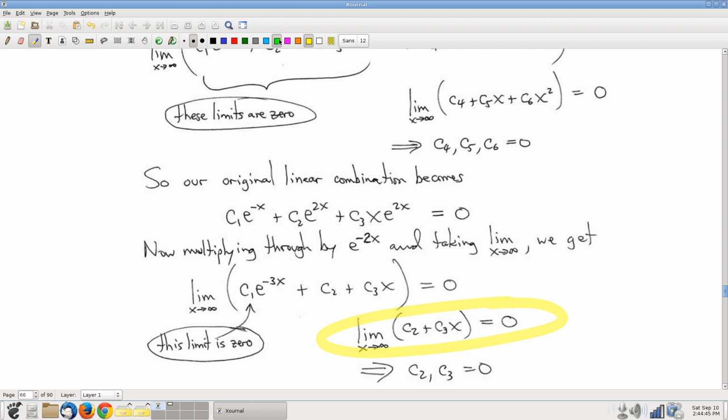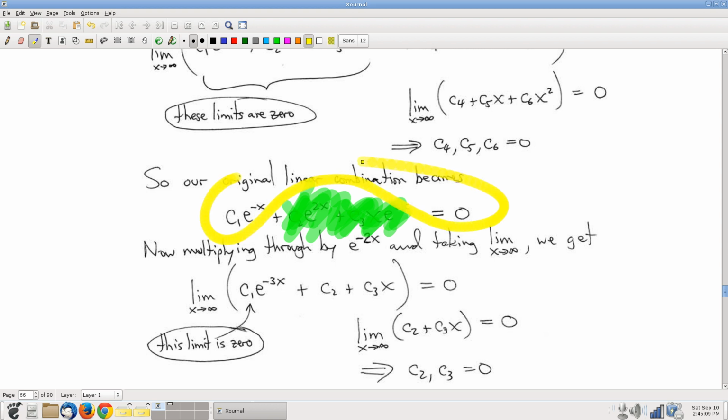And this is another polynomial. Here we have another polynomial that as x approaches infinity, approaches 0. There's only one way that could be possible, and that's if both of these coefficients themselves were 0. So that means that these coefficients go away, and these two terms, therefore, are gone. And we're left only with that.